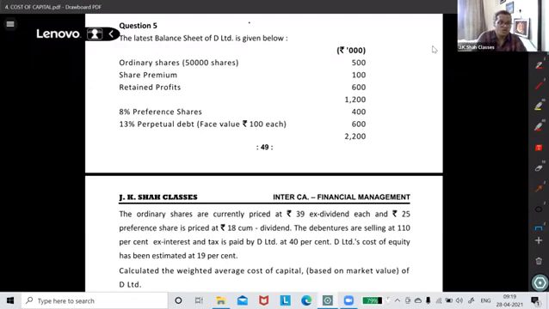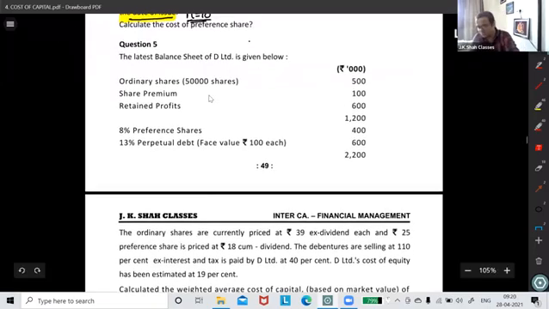What do you see over here? The balance sheet gives you ordinary shares. It also gives you share premium. It also gives you retained profit.